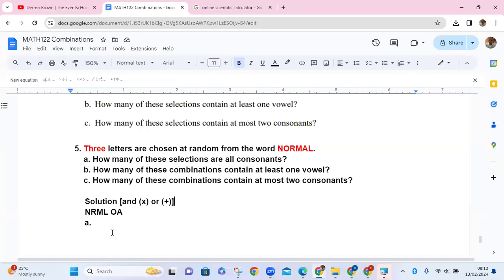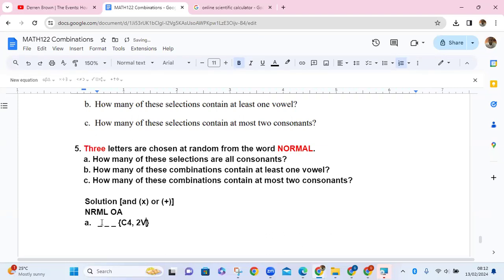As we are analyzing, we're using the word and. So how many of these selections are all consonants? That means 3 letters, all consonants and no vowels. Bear in mind, we want 3 letters: 1, 2, 3. Now, in terms of letters, we've got 4 consonants and 2 vowels.